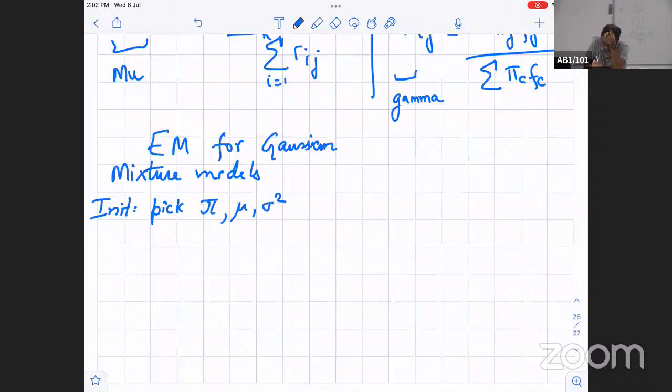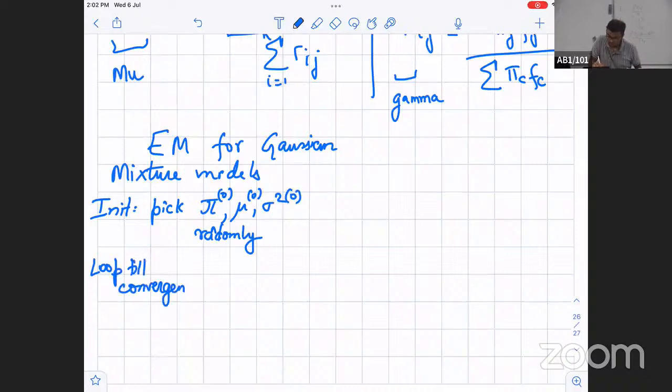So this pi is like pi 1, pi 2, up to pi k. Similarly mu 1, mu 2, up to mu k, and sigma 1, sigma 2, up to sigma k. Pick these randomly. Okay, then loop. So this is pi 0, mu 0, sigma 0. Loop till convergence. You will ask me what the meaning of convergence is. It's the same idea as in k-means, that your cluster centers don't change a lot.